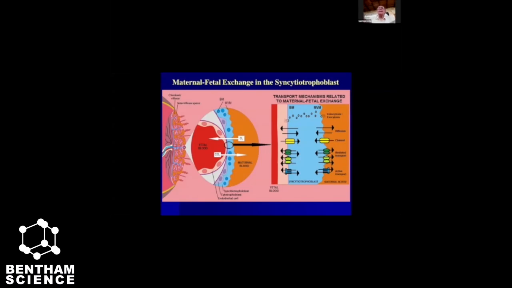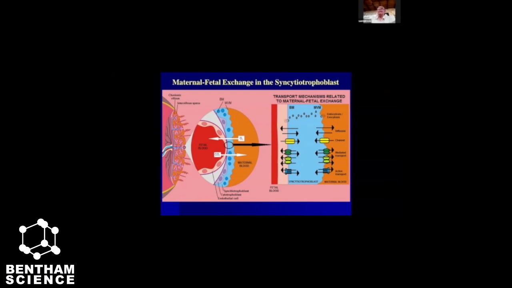In this cartoon, we can see the main maternal-fetal exchange mechanisms in the syncytial trophoblast. On the left side, we have the placenta, and as you can see, the chorionic villi, which are made of the fetal capillaries, are immersed in the maternal blood, and the capillaries are separated by two layers of cells, the cytotrophoblast and the syncytial trophoblast.